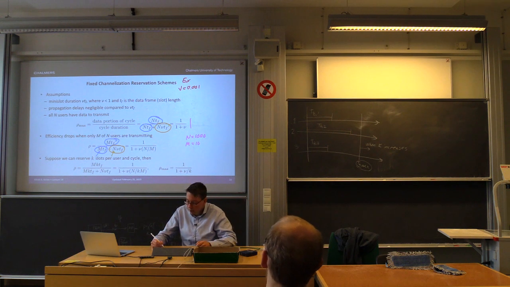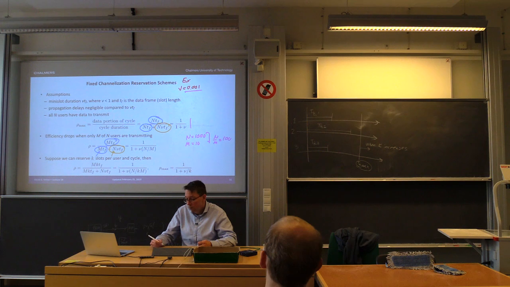Okay, so what was in this case n over m? 100, right? Then, okay, so this did not fully compensate for the low value of nu, but you see effectively we get another nu.